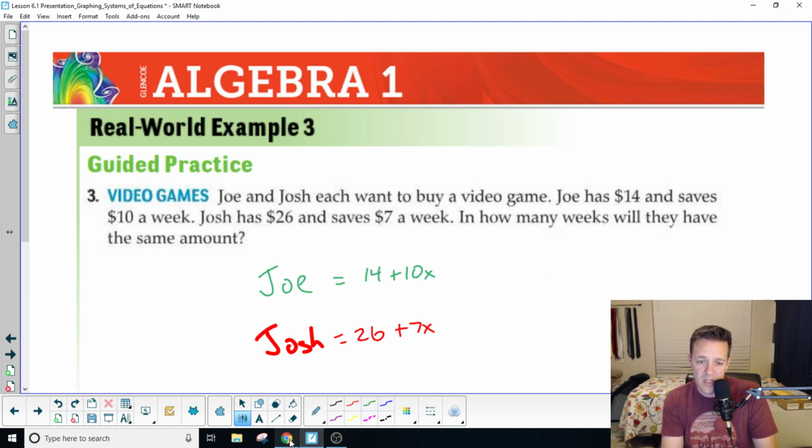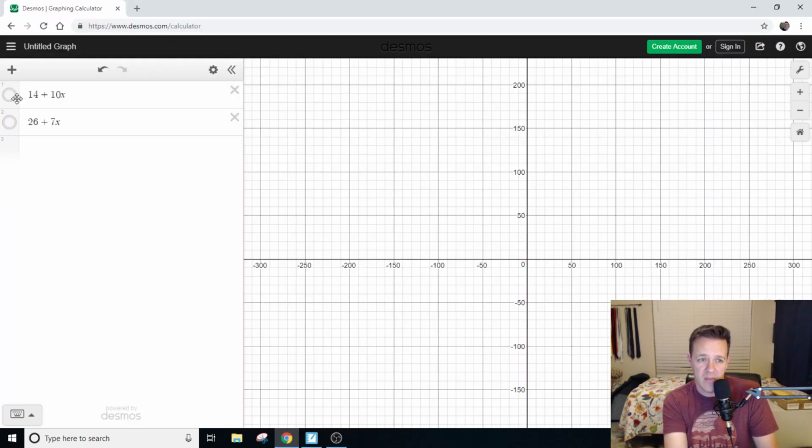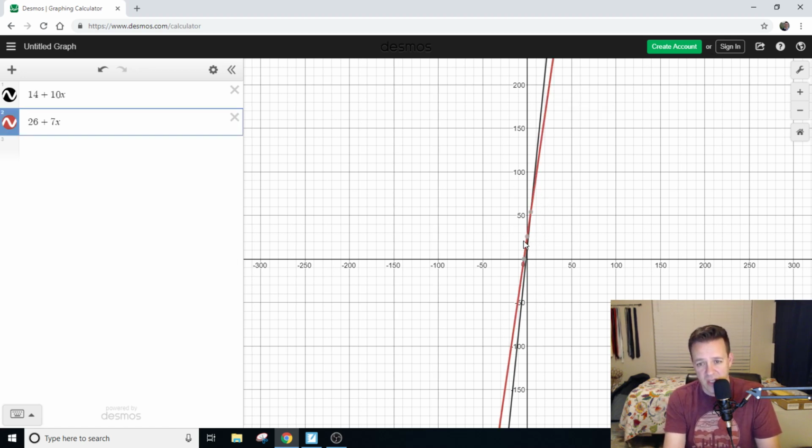So on this one, you just do the same thing, okay? You figure out your equations, and you would graph them. Let me turn them both on. Now you can see I'm zoomed out pretty far, and I can't tell, but if I click on one of the lines, you see the dots appear right here. Now this is the intersection, so of course you wouldn't click on those.